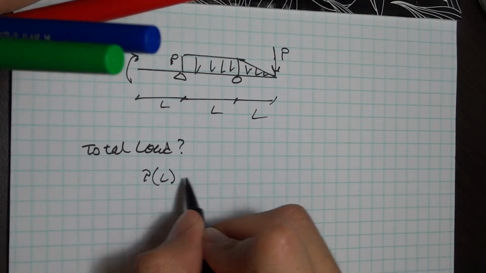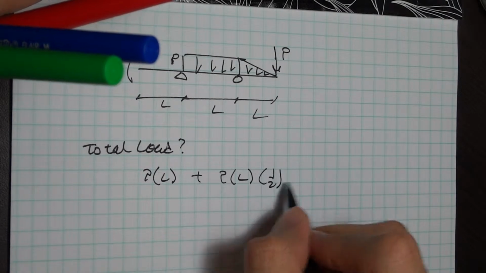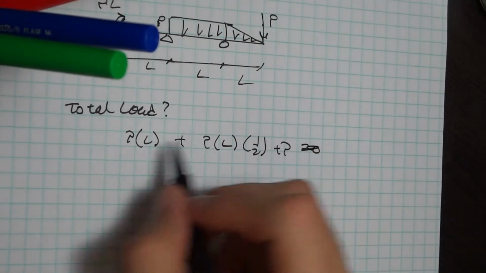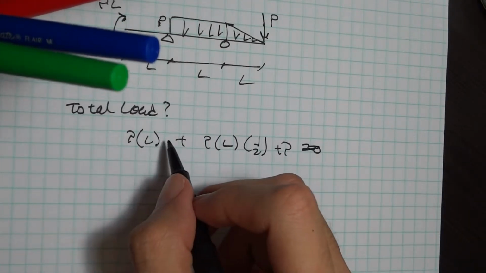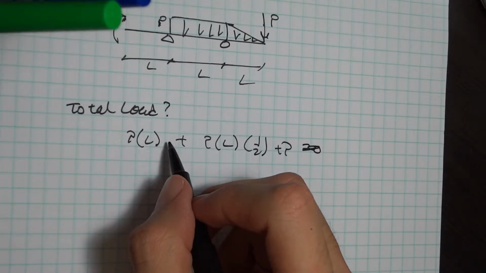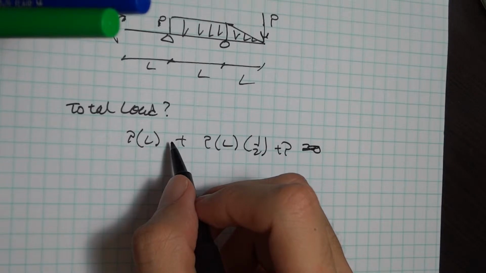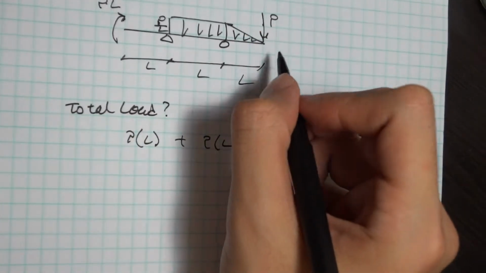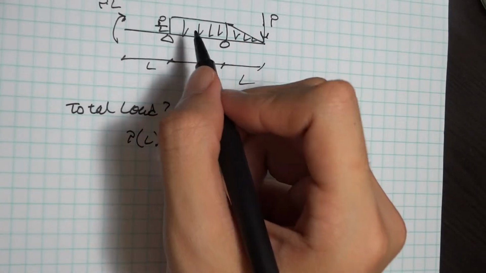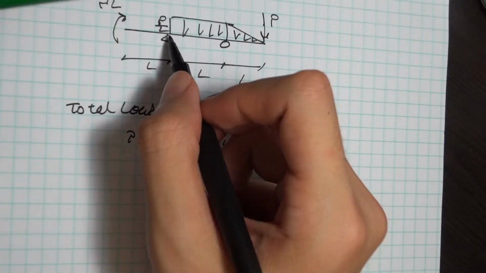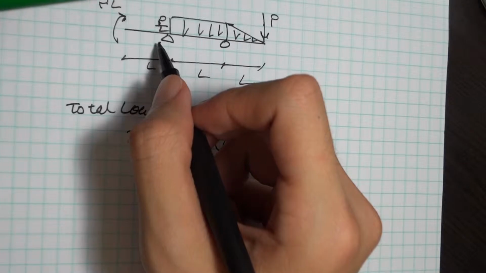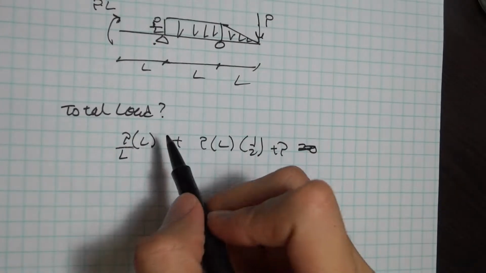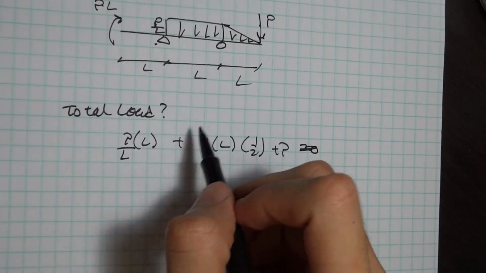We have P times L plus P times L times 1/2 plus P. This should be P over L. The maximum is P over L. That way, when you multiply by length, you have units of force.